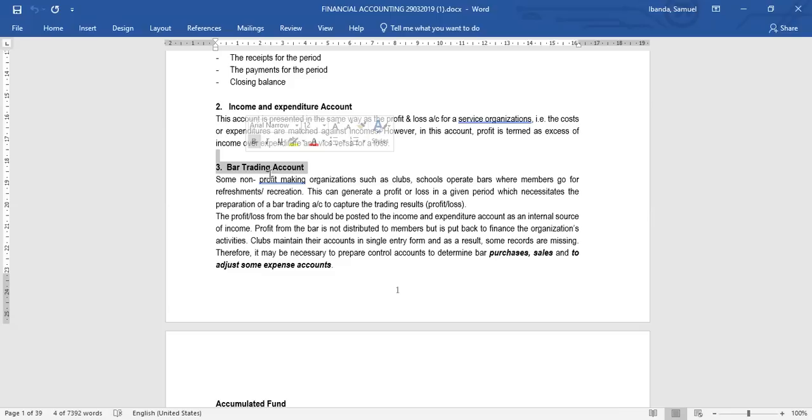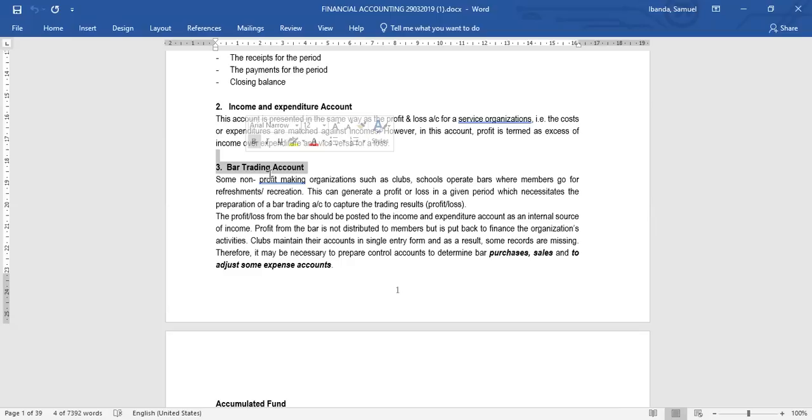Now, the trading account looks very similar to the way a trading account for any private organization might look. Definitely, of course, it will include sales. It will include, let's say, cost of sales, maybe purchases, opening stock, closing stock, gross profit, okay? And we also go ahead to look at operating expenses in order to determine the profit we've made from that business.